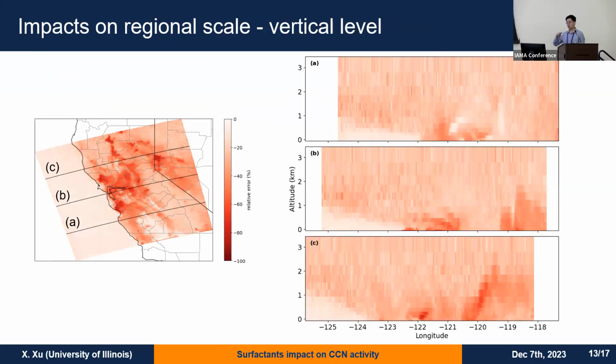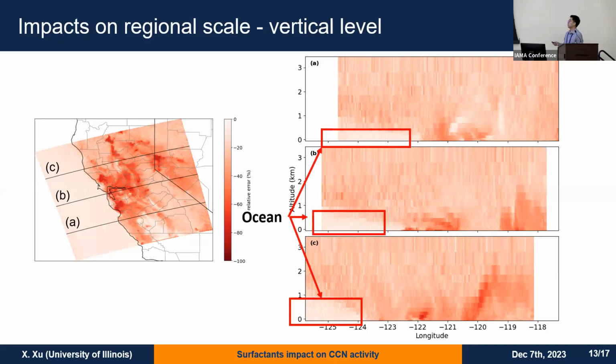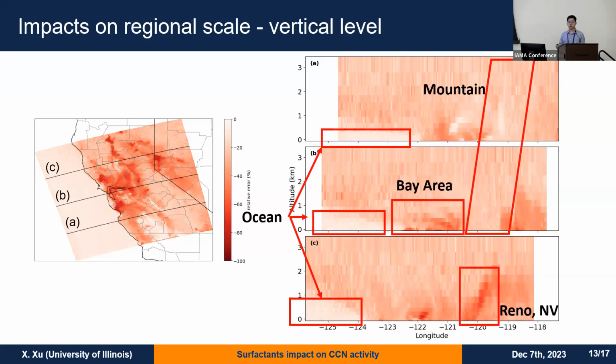And because the cross section starts from the ocean, you can see for all 3 panels here, the bottom corner has pretty low relative error, and similarly for the mountains. But on the other hand, we can see places like the Bay Area and Reno, which are urban areas, usually have the larger relative error.